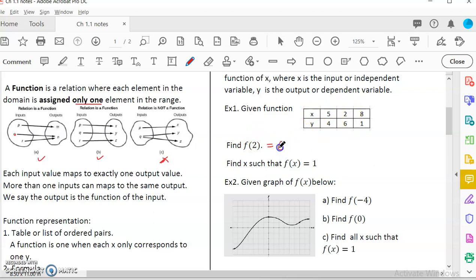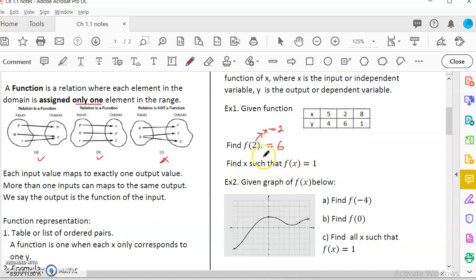It is 6, so I'll say f of 2 equal to 6. Basically you read off x from here: anything that is after the function name in the parenthesis is x. In this case, x is equal to 2. You look up x equal to 2, and the corresponding y is 6. So you say f of 2 equal to 6.